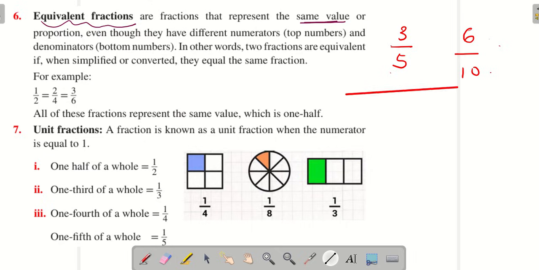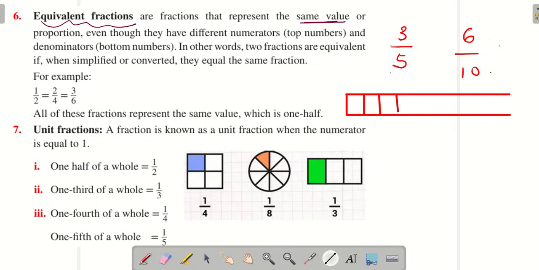Let's say we have 10 boxes: 1, 2, 3, 4, 5, 6, 7, 8, 9, and the last one is 10. So we have 10 boxes here, and all the 10 make the whole rectangle.